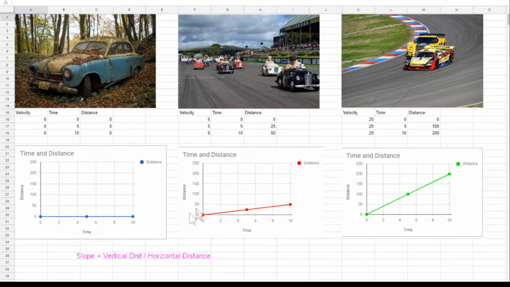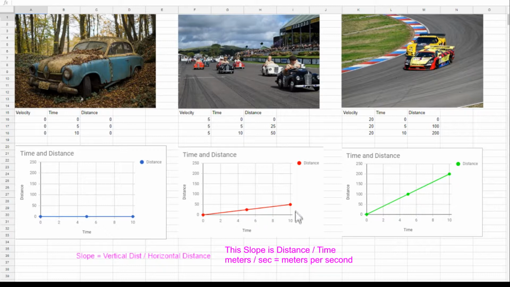Now notice, the definition of slope is the vertical distance divided by the horizontal distance. So if I take the vertical distance of 50 meters and divide it by the horizontal value of 10 seconds, what I'm going to get is a slope of 5 meters per second, because it's 50 meters divided by 10 seconds.